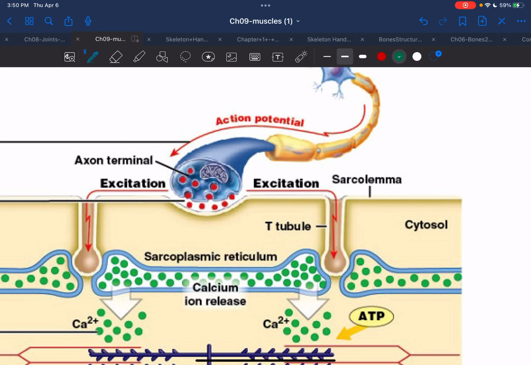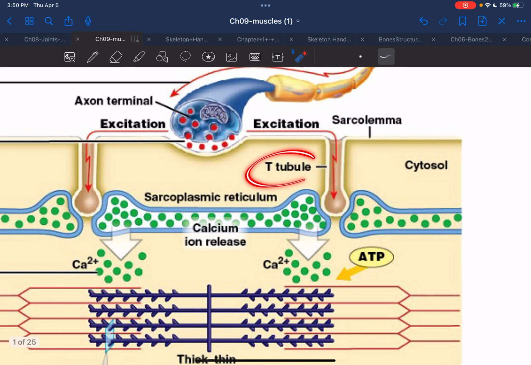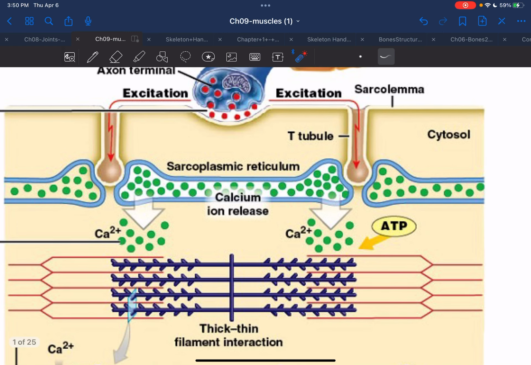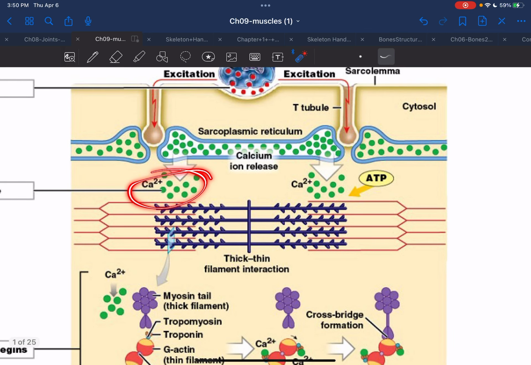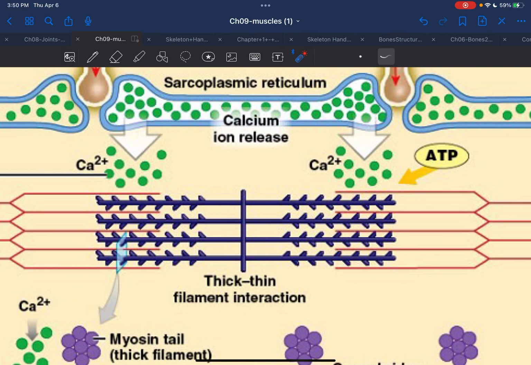But as the action potential travels through that sarcolemma, it travels down the T-tubules, and this signal is an inflow of sodium down these T-tubules, causing the sarcoplasmic reticulum, or the terminal cisternae of the triad, to release the calcium. Calcium will bind to the thin filaments, exposing the active sites by binding to troponin.